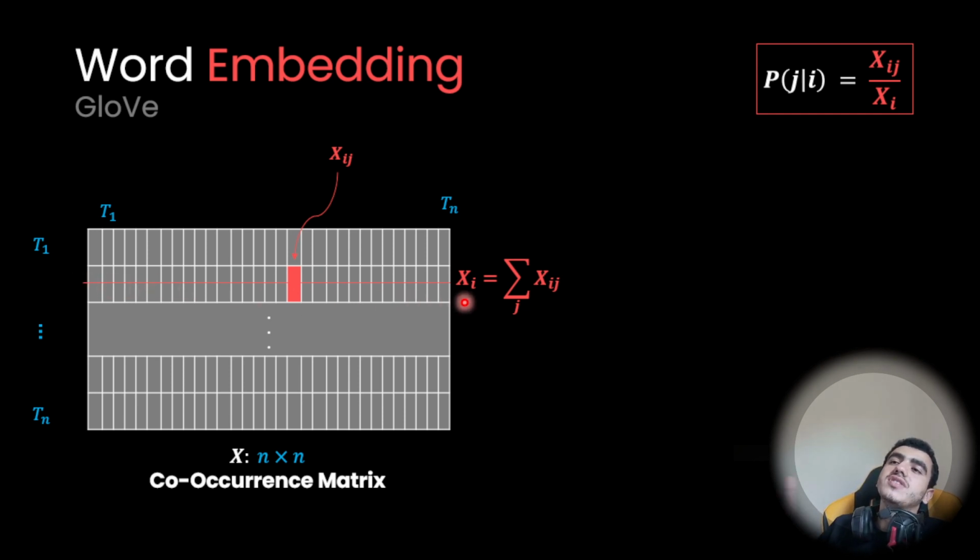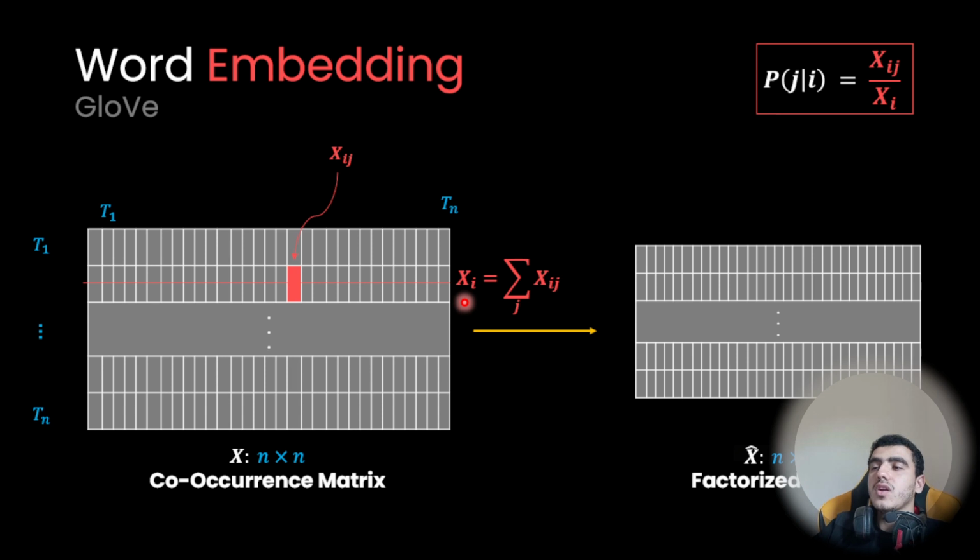So this gives us the conditional probability that I need to predict token J, to give token J a probability of appearance. And another thing is to factorize these matrices, because they are in a huge dimension, and apply the similarity upon these factorized matrices.